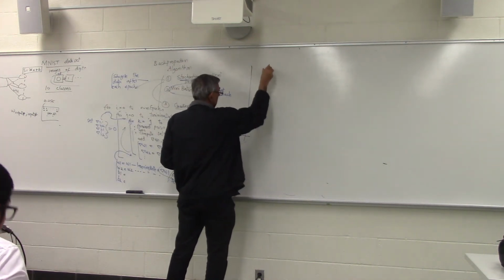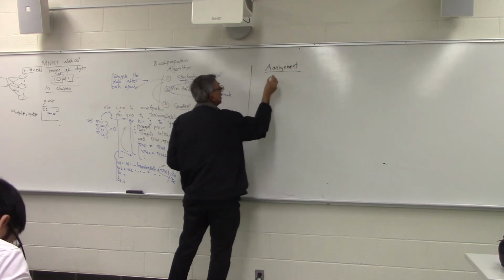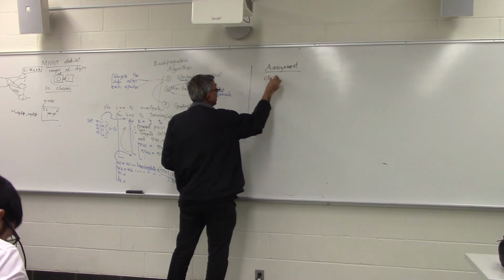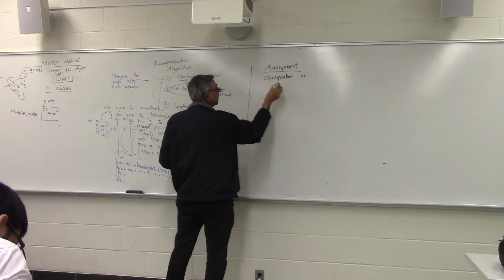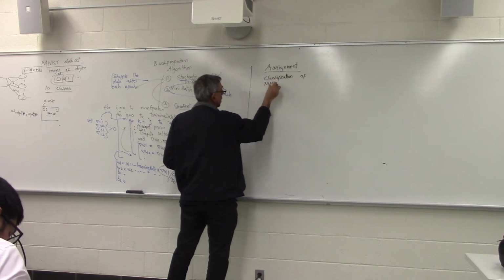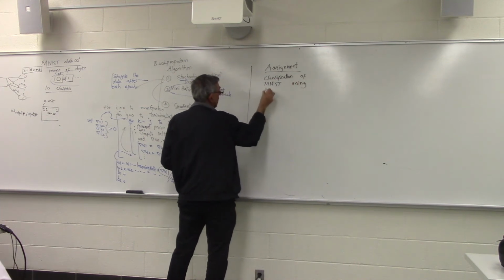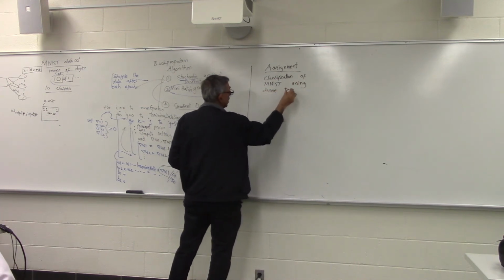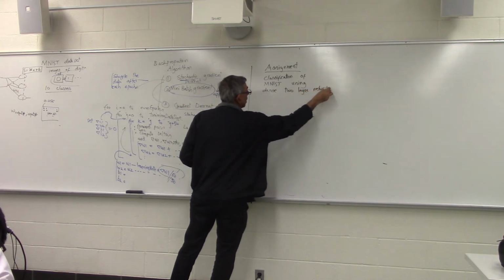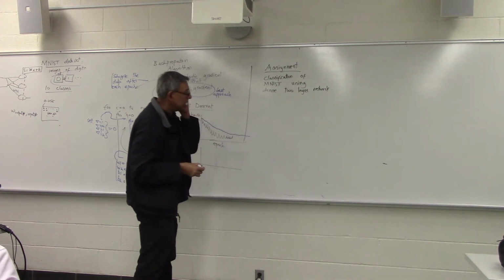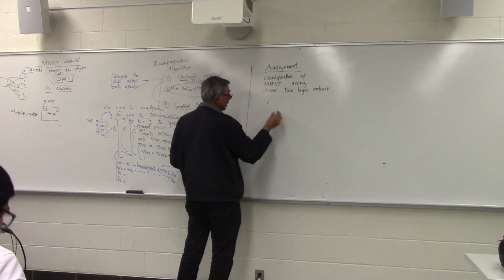Your assignment, and I will formally put it on the website, will be to do a classification of the MNIST data set using a dense two-layer neural network. Okay, one of the things that I'd like you to do is, remember we have two layers.